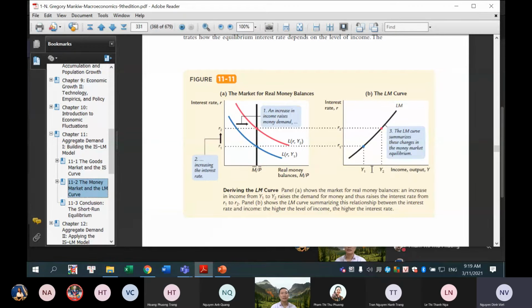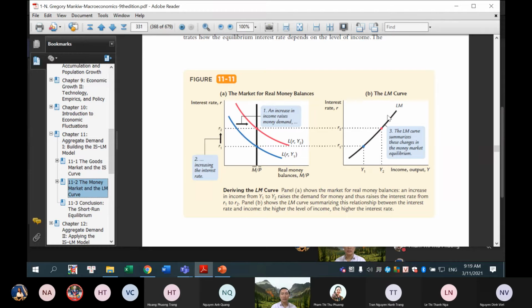Another solution, I think, is an increase in salary income. I think it would affect the IS curve, not the money market equilibrium curve. Okay, thank you for your answer.